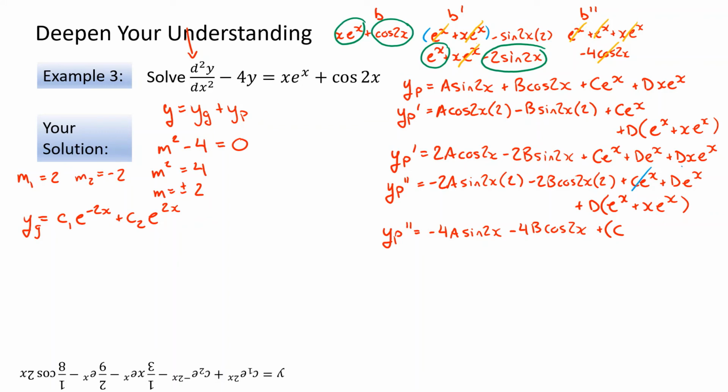And we have a d times e to the x and a d times e to the x. So we get plus 2 times d e to the x, plus our last term, which is d times x e to the x. Okay, so again, a lot of terms here, but we'll do our best to simplify them.